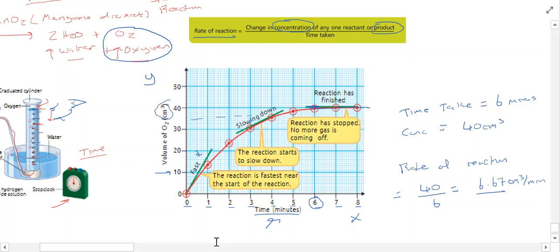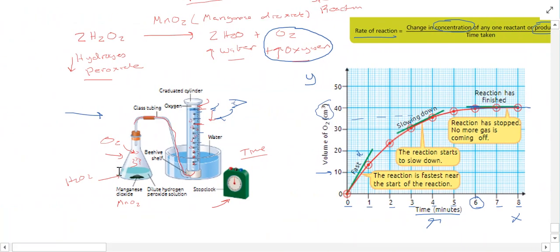Now, another important idea to think about is this here. In the case of this reaction, we have this substance here, which is what's known as a catalyst. There's a particular definition of a catalyst that it's important you know, and that you know what it means.